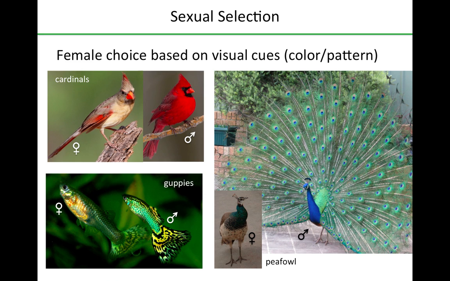One other thing to note about sexual selection is that it's primarily what's responsible for sexual dimorphism, or different morphologies in males and females. For all species where the male looks different than the female, sexual selection has played some role in driving those differences.